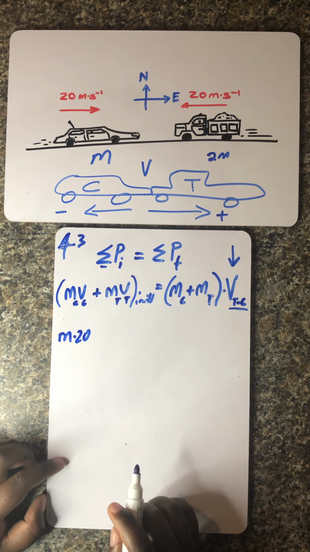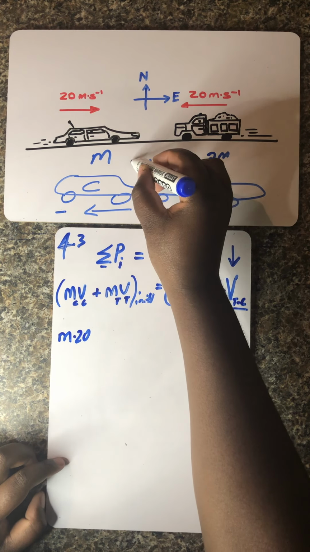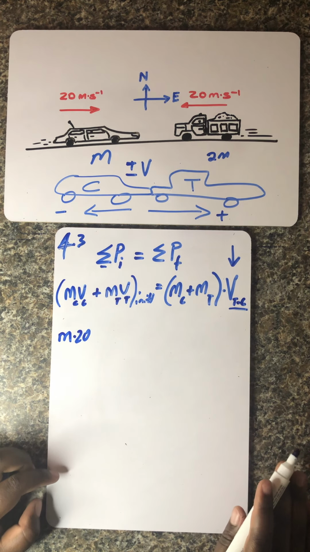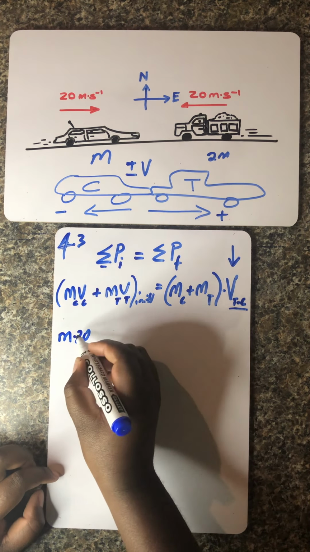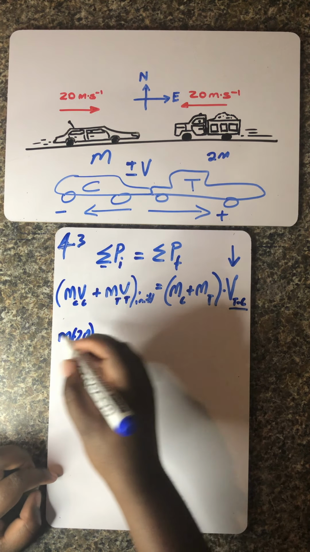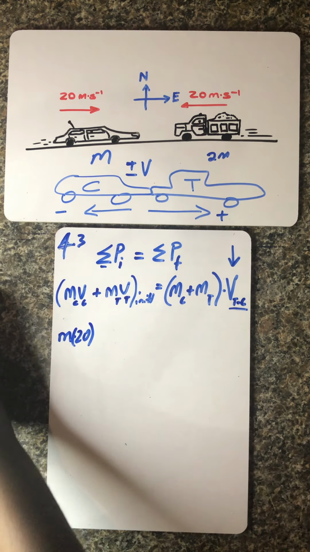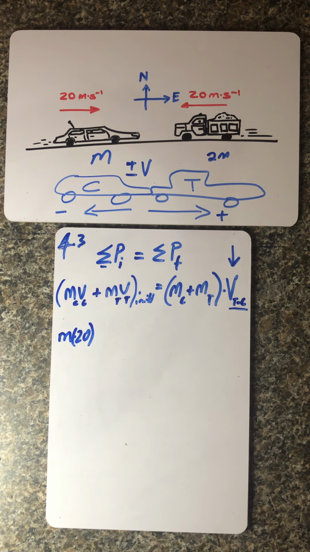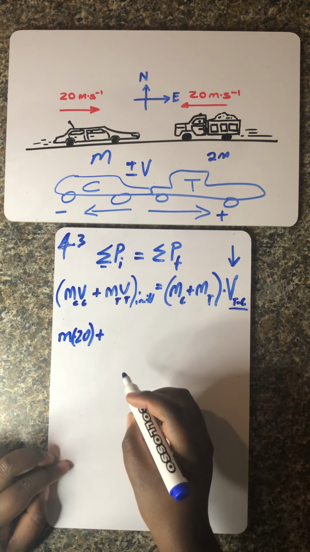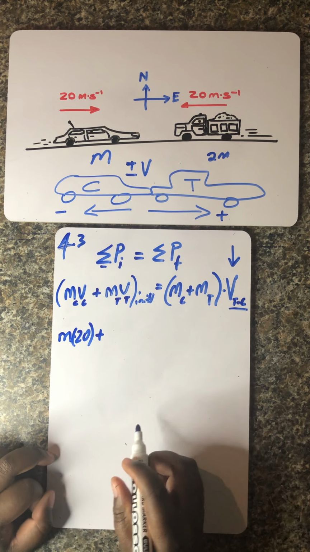Take into consideration that we are saying positive to the right, negative to the left. So that's why it's just 20 there, but in your mind you know it's actually a positive 20 meters per second. Plus, ladies and gentlemen, what is the mass of the truck?